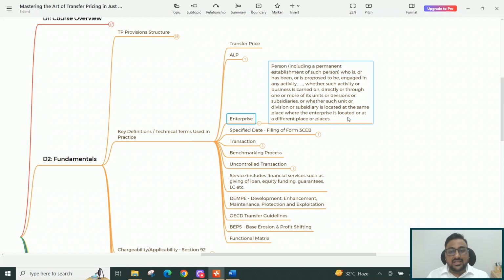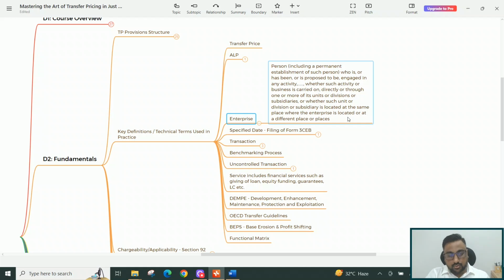The main catch here, guys, is that enterprise includes the permanent establishment of such person. Let me give an example. If there's a company called A in India, and it has its own permanent establishment in UAE, say a branch office in UAE, then whatever dealings are done between A company and its branch in UAE are also considered.